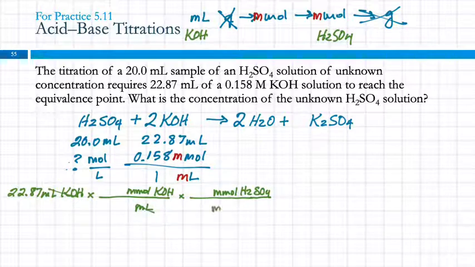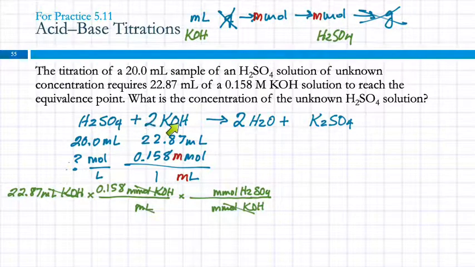So I'm going to have milliliters down here and millimoles of KOH down here. Millimoles per milliliter is the same number as moles per liter. So this is 0.158.